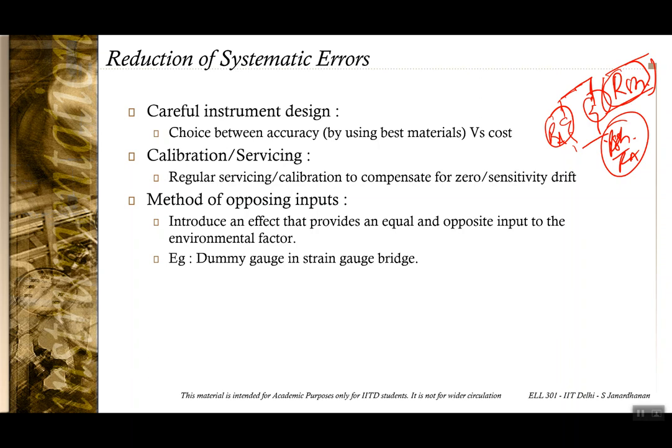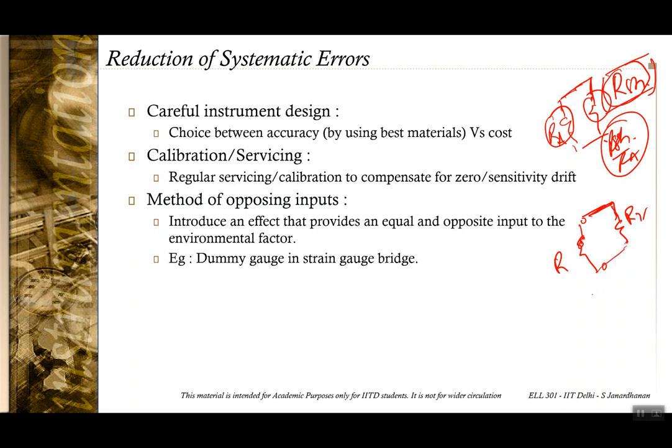The other way is, let us say in a voltmeter, you can have the problem of a loading effect, that the voltmeter resistance is comparable to the resistance of the circuit.